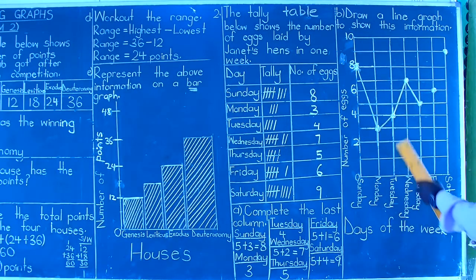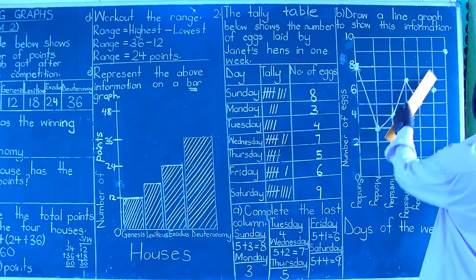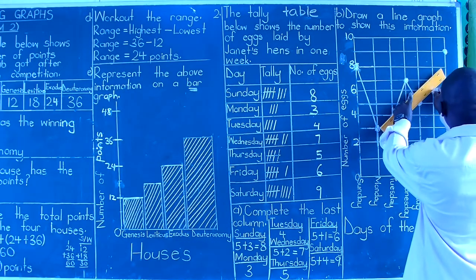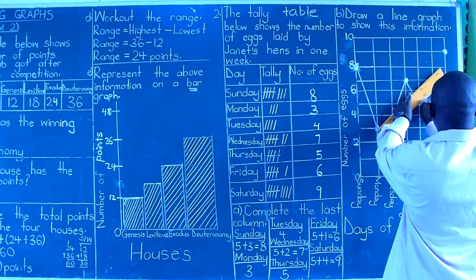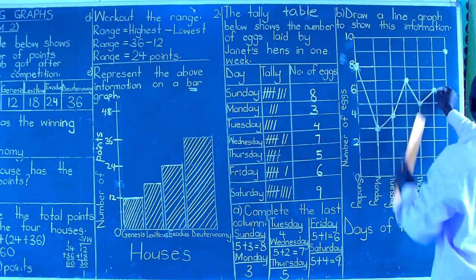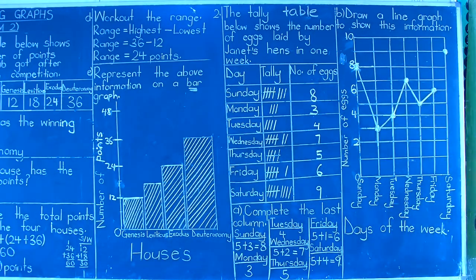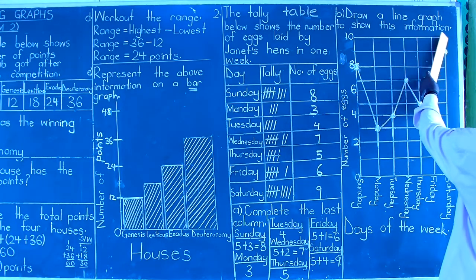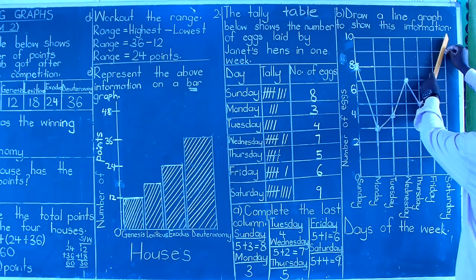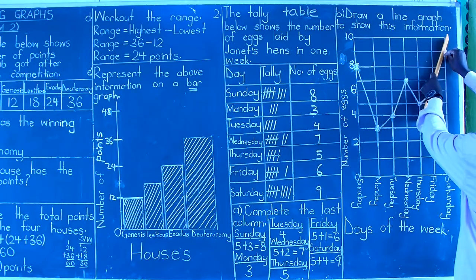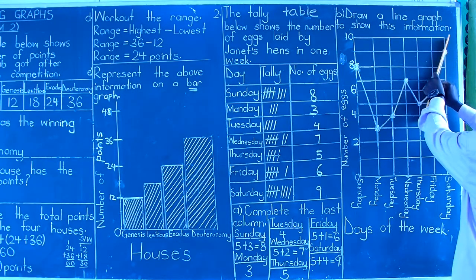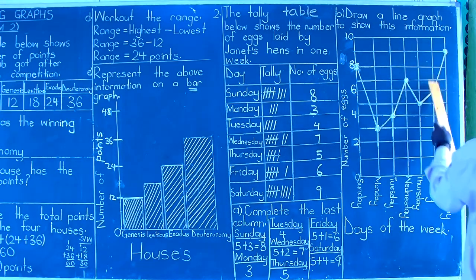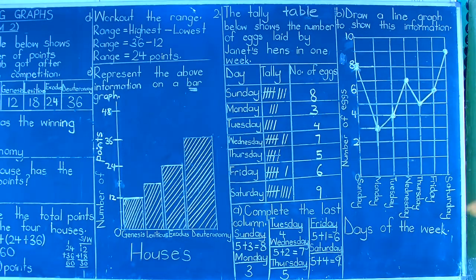And now between Thursday and Friday, the eggs increased by only 1 egg. And then Saturday, they increased. See a big increase here from the previous day, Friday. Remember, Friday had 6, now Saturday has got 9.